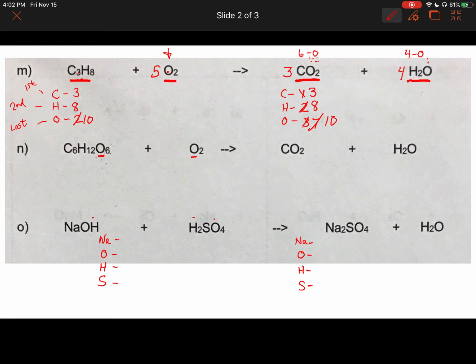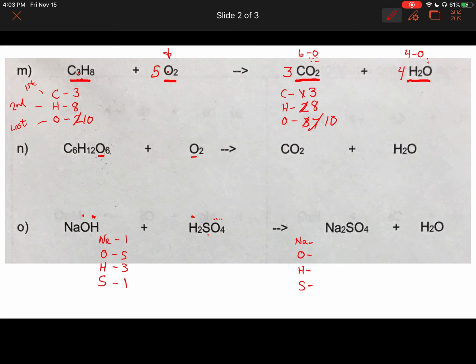And I'm just going to count for my atom inventory. I have 1 sodium on this side. My oxygens, I have 1, 2, 3, 4, 5 oxygens. I have 1 hydrogen, 2, 3 hydrogens, and I have 1 sulfur. Okay, I hope I don't make any mistakes on this.